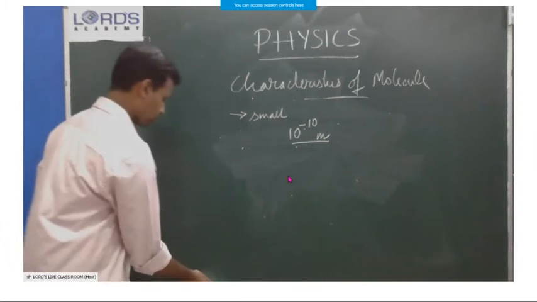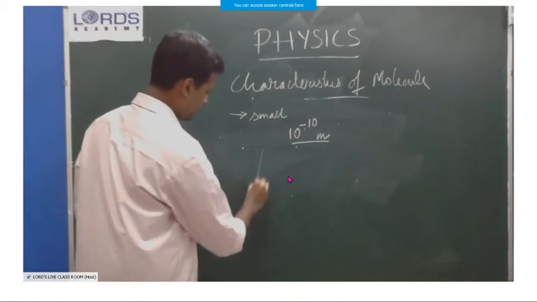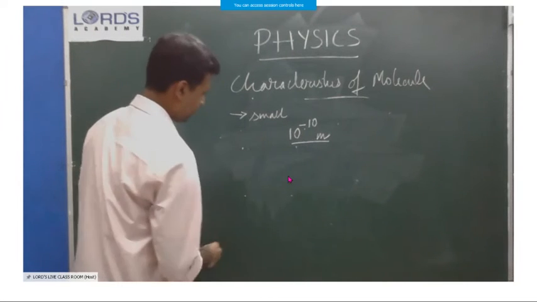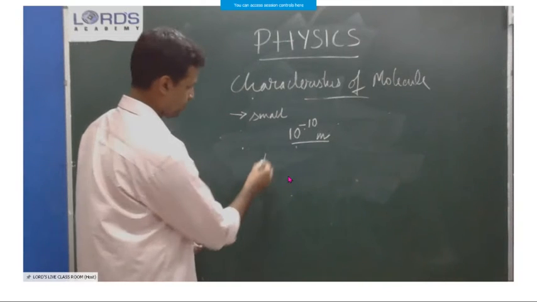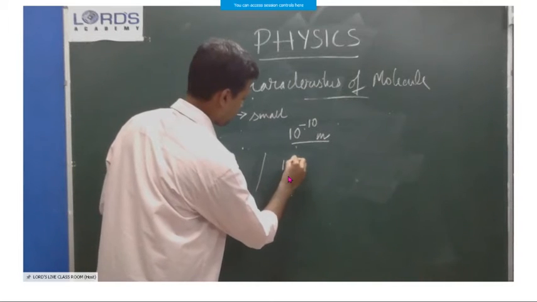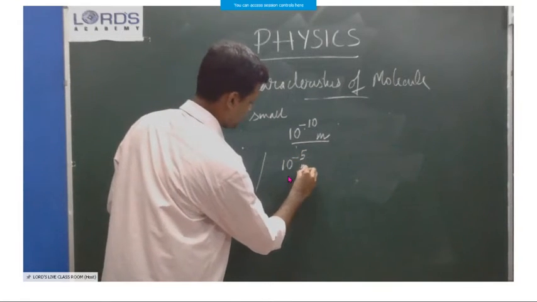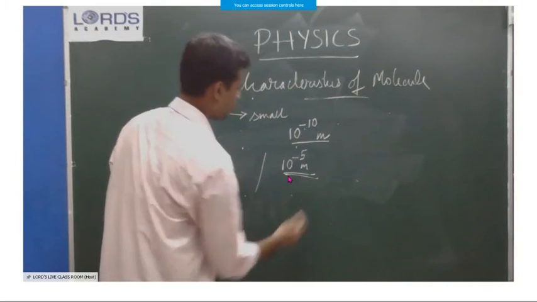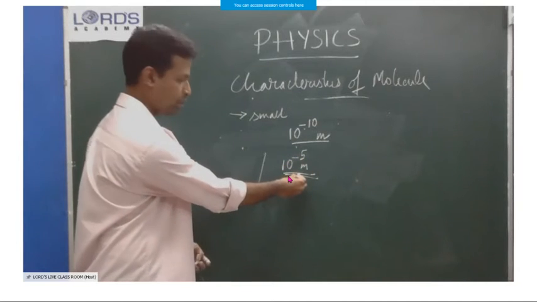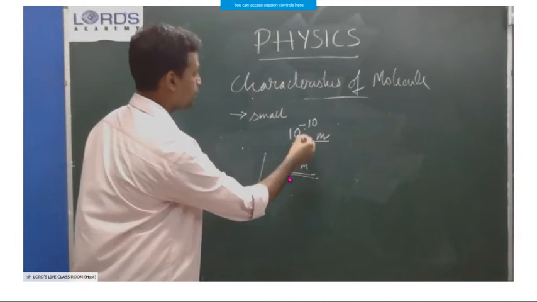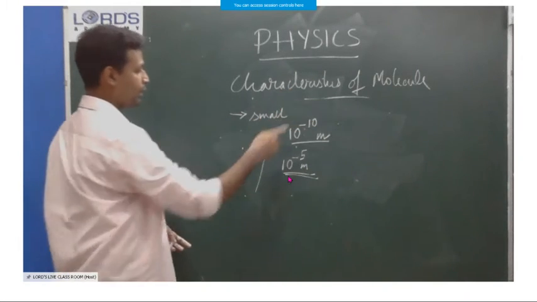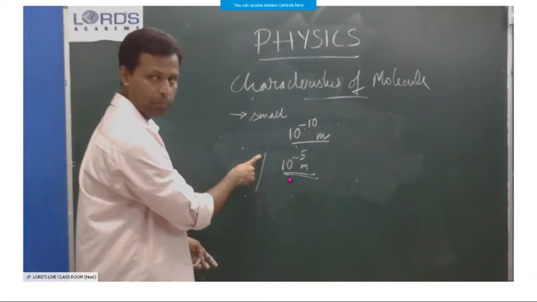We will just see. If we consider this as a human hair, the tip of the human hair is 10 raised to minus 5 meter, and a molecule is far smaller than the tip of our hair.